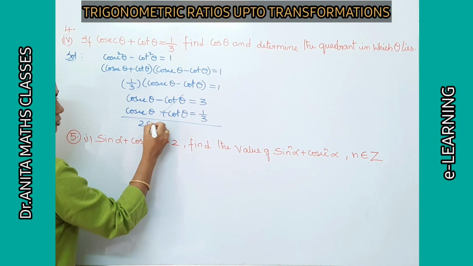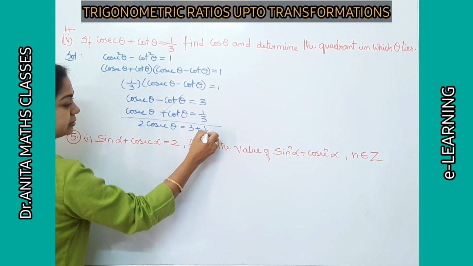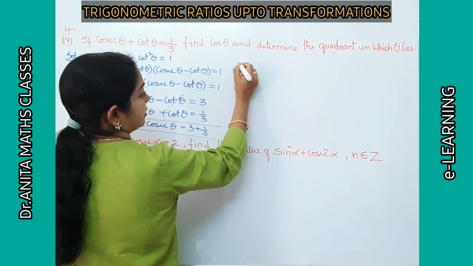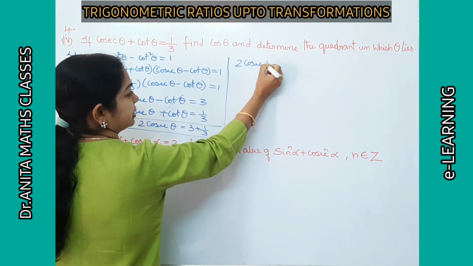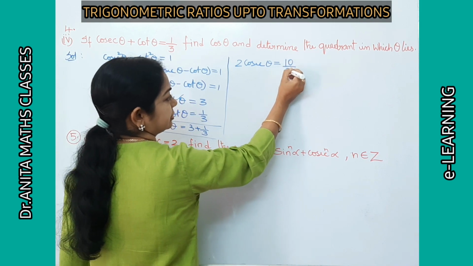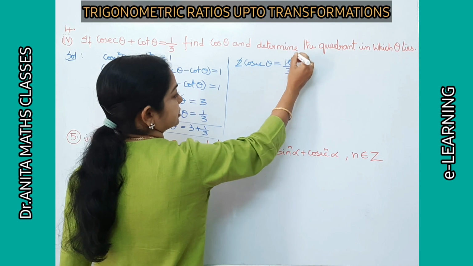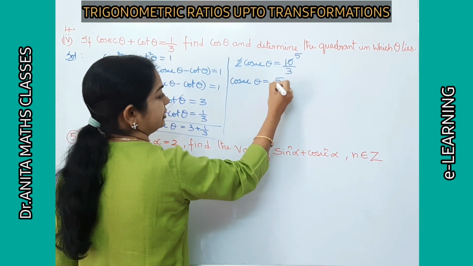It comes to 2 cosecant theta equal to 3 plus 1 by 3. So if we take the LCM, 2 cosecant theta is equal to 9 plus 1, that is 10 by 3. We can cancel off the 2s, 2 fives. So just cosecant theta is 5 by 3.